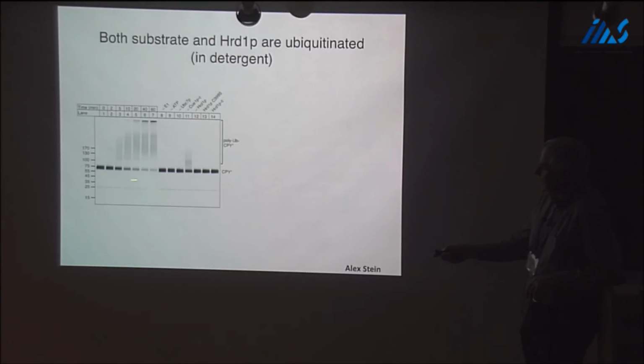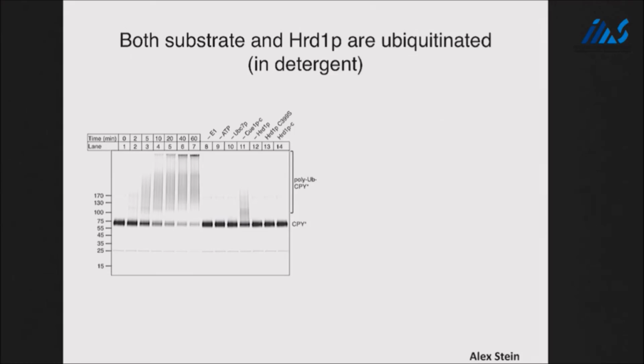And what you see over time is the unmodified substrate, and you get the smear of polyubiquitinated species appearing over time. And this shows an experiment where we left out one of the components at a time, and you can see that the reaction doesn't work unless the components are present. Q1, if you leave the activator out, you get a little bit of ubiquitination, less efficiently, but in the other cases, completely dead.